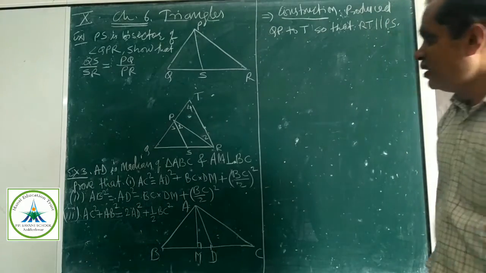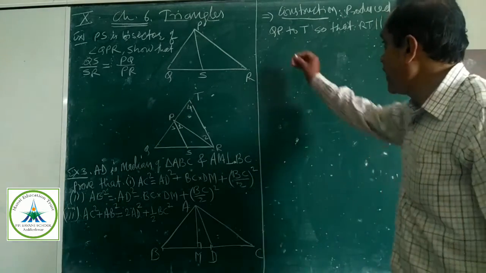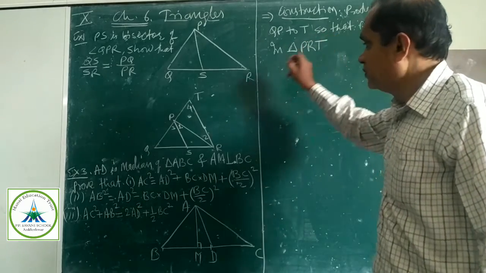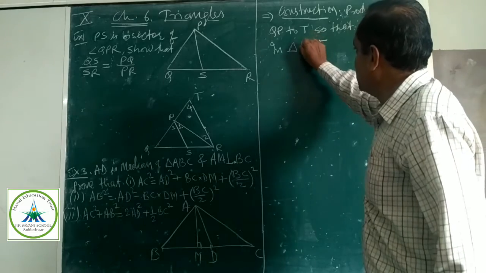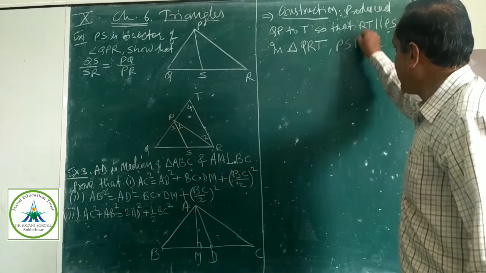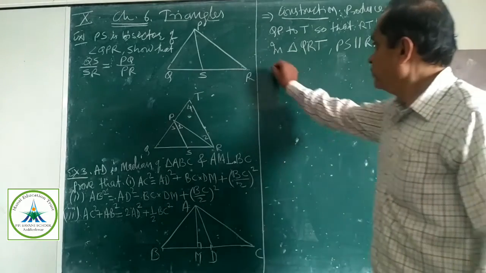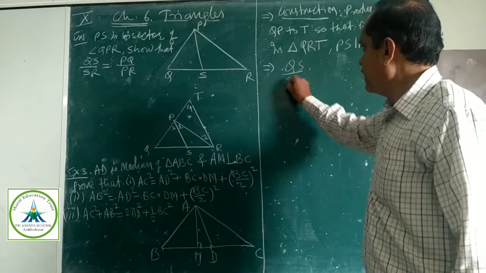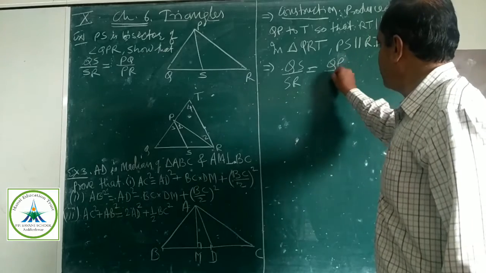Now see, we will take the triangle QRT, not P. In triangle QRT, PS is parallel to RT, right? Therefore, you can write QS upon SR equals QP upon PT.